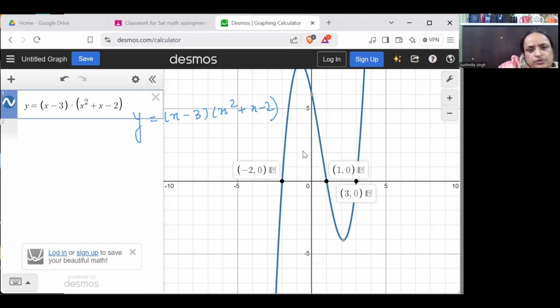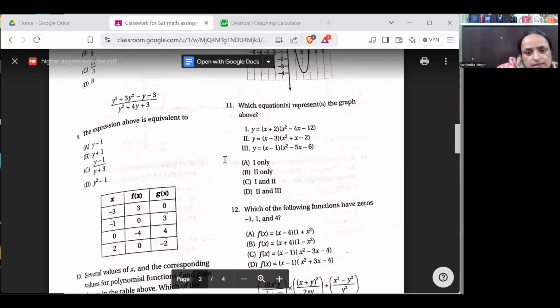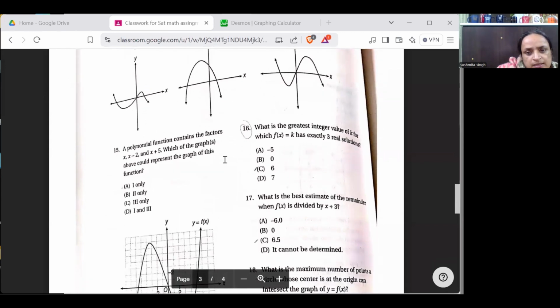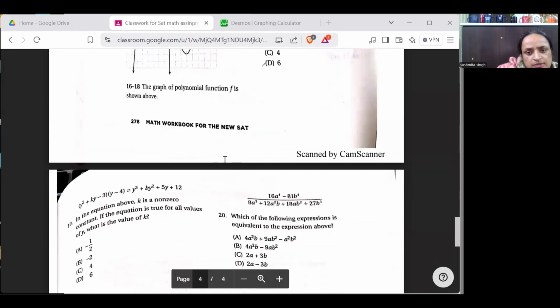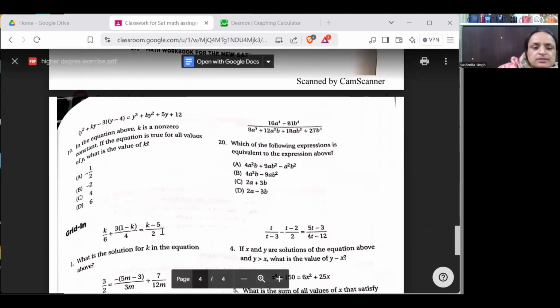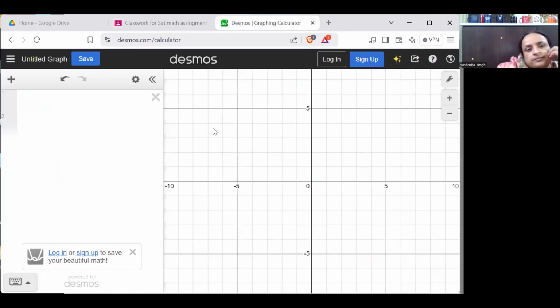So you just put in the values and you can get the answer. No need to do the whole thing. Then if we have a question like this where you actually have to solve it, you simply write the whole equation and get the answer.